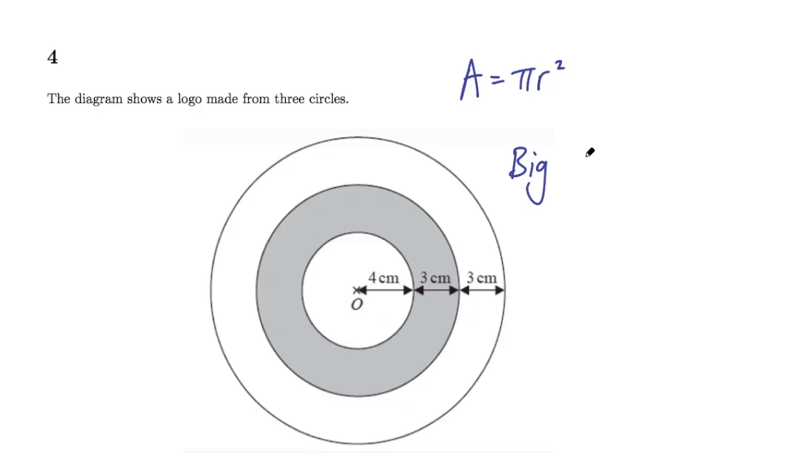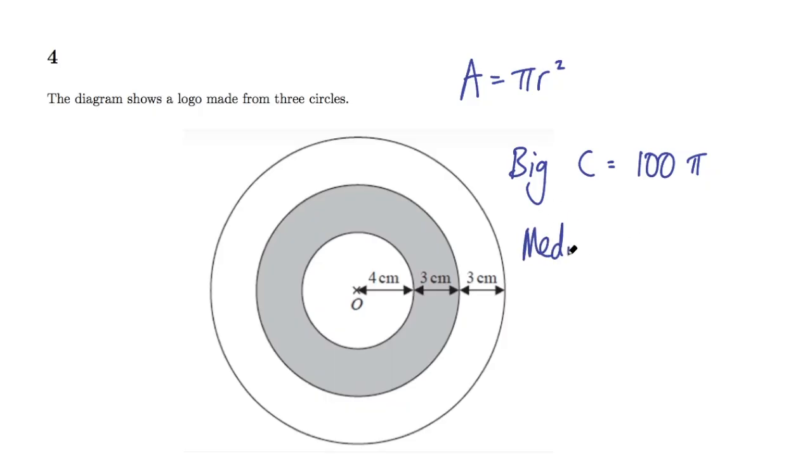So the area of the big circle is going to be pi times the radius squared. Now the radius here for this big circle on the outside is going to be 4 plus 3 plus 3, so that's 10. So the radius squared, 10 squared, is going to be 100 times pi. So the area of that big circle is 100 pi.